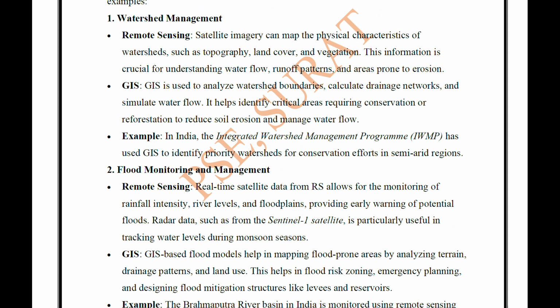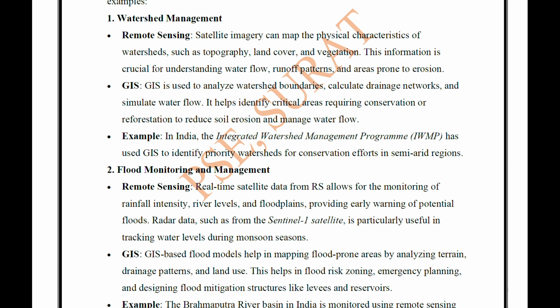Remote sensing: satellite imagery can help map the physical characteristics of watersheds such as topography, land cover, and vegetation. This information is crucial for understanding water flows, runoff patterns, and areas prone to erosion. GIS: GIS is used to analyze watershed boundaries, calculate drainage networks, and simulate water flows.